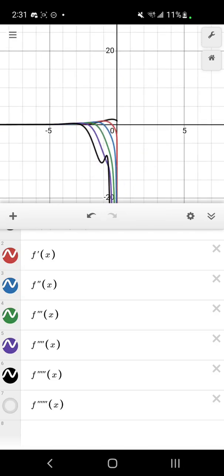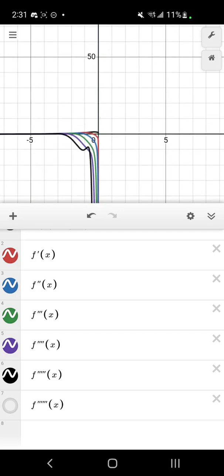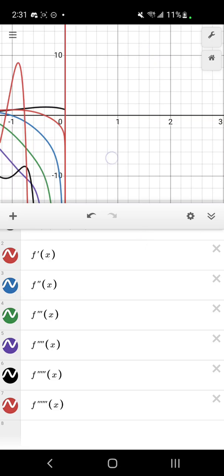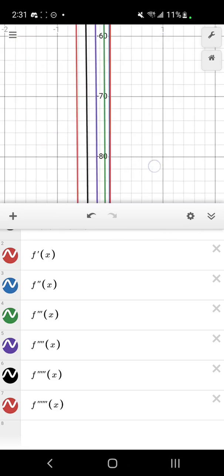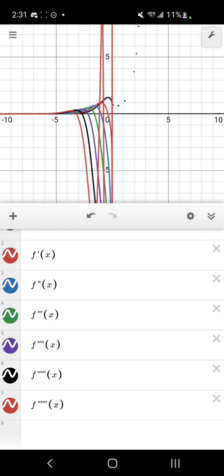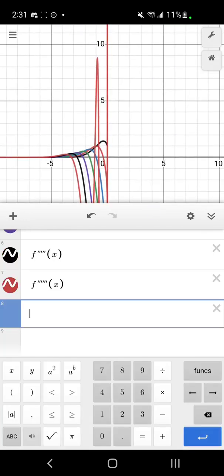If I can zoom this out properly. Yeah, it looks like it's coming back up again, which is some really strange behavior that I wasn't really expecting to see.